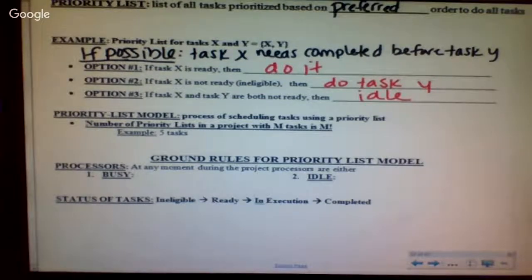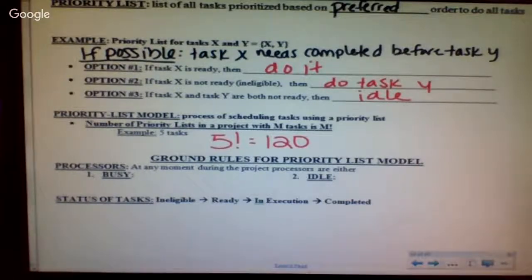Why do I give you a priority list? Well, if you have 5 tasks, 5 factorial means you have 120 different priority lists that we can do. This is why I give you one. Okay, because heaven forbid you have to schedule all 120 priority lists. No, not gonna happen. Okay?